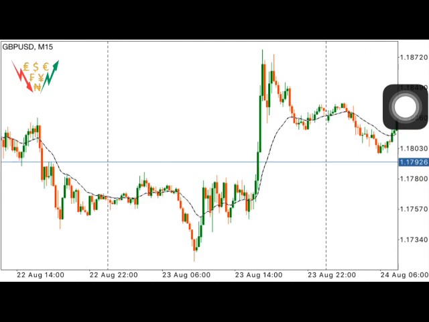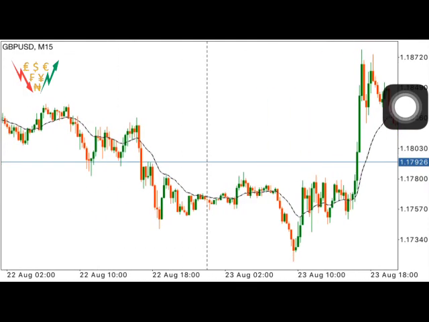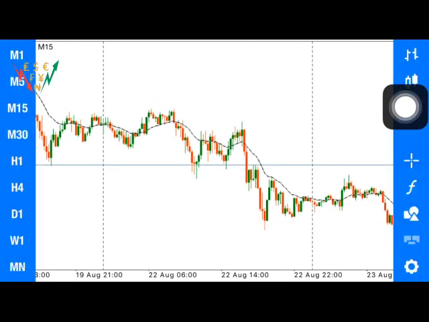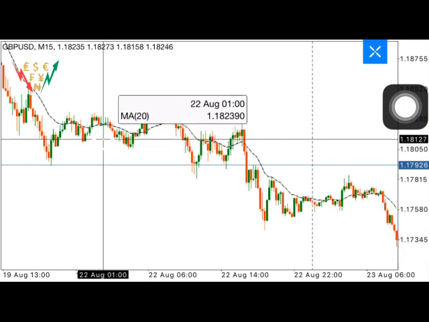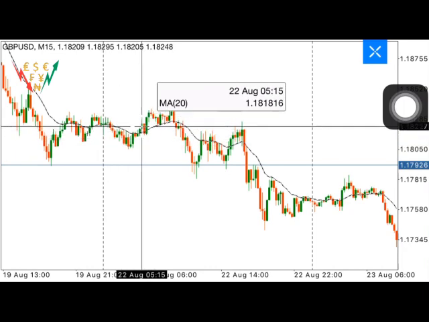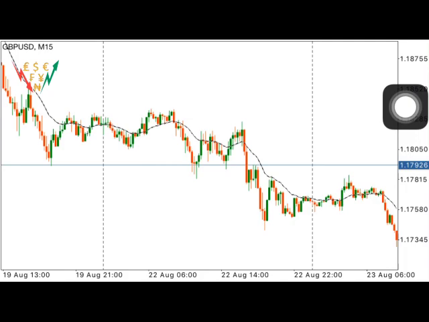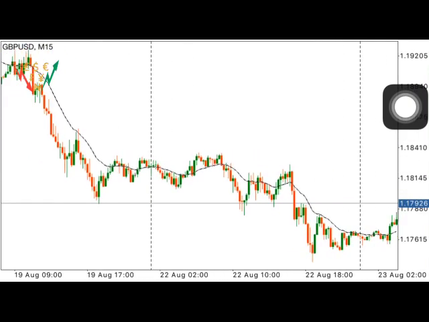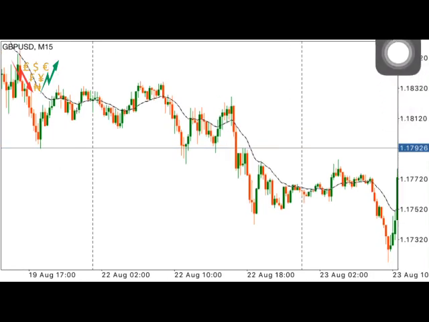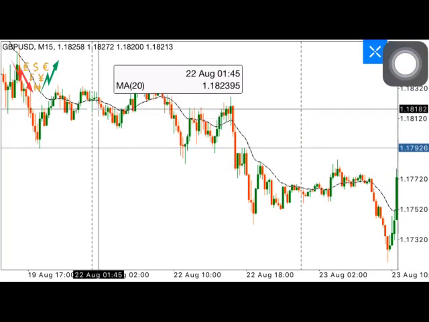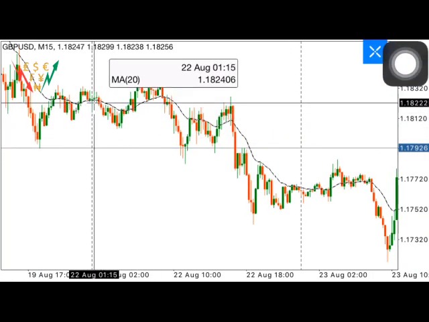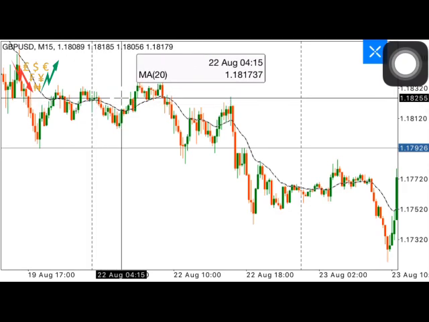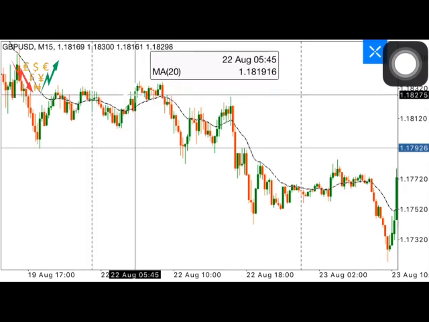Okay, so let's see how the market actually played out for the 22nd. All right, so for Monday, guys, looking at where the market was coming from, we had a bearish sentiment overall. Now, looking at this particular market, this is what we can see. From these early hours, for guys who are in Nigeria, you'll be sleeping by then.